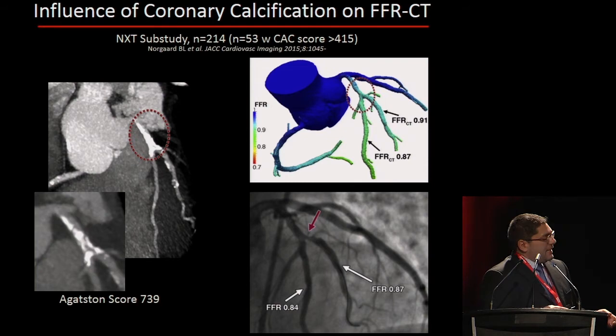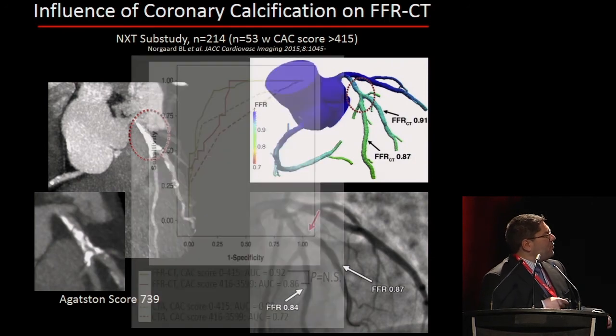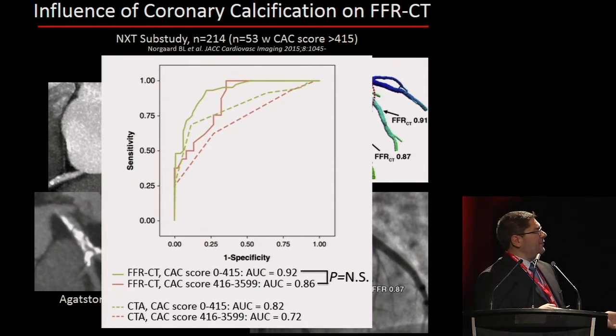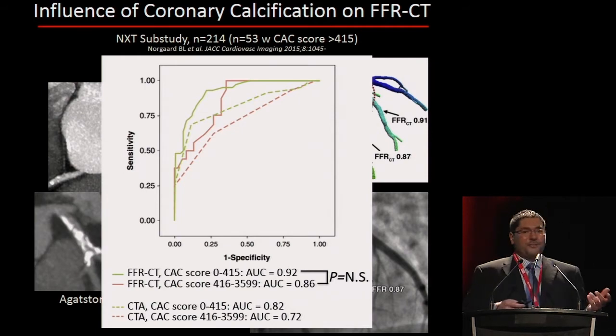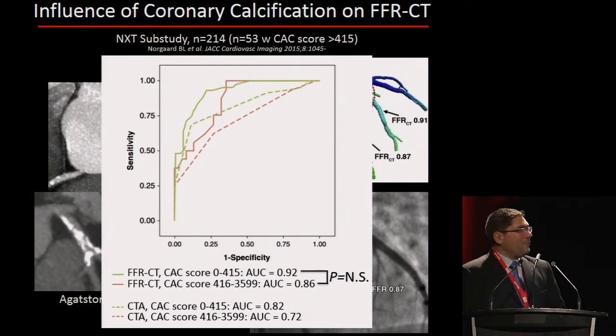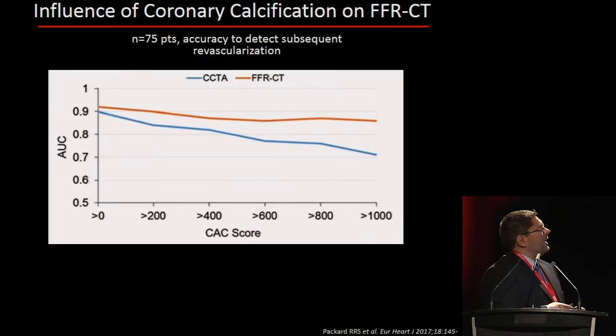But yet, it turned out that not only can you compute the FFRCT on those patients, but you will actually do just as well as for those patients that don't have very highly calcified plaques. So for people with a very high calcium score, you did this solid line, and it's not statistically significantly different than for those patients that have a low calcium score. And this really is a conundrum, but that's a selling point. If you're developing a new method and selling it, that's a good selling point. But not a very well understood one, I'll say.